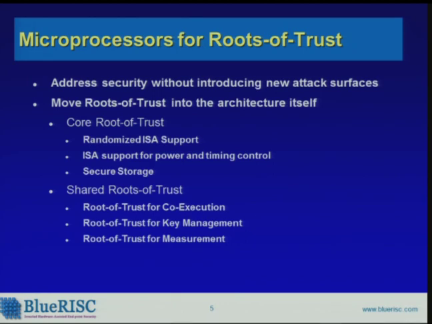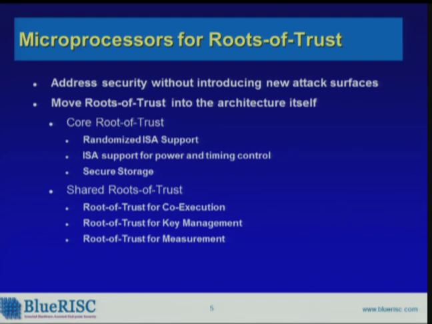The first level of root of trust is what we call a core root of trust. This is built into the architecture in such a way that we need to have one single trusted node such that we can build upon that trusted node and extend that trust to other components in the system. We achieve this through randomized ISA support that I'll get into in the coming slides, and ISA support for power and timing control, again, trying to break the attacker's assumptions.